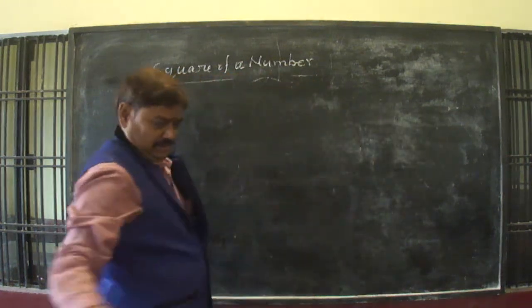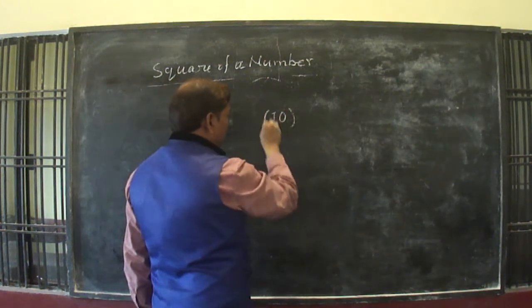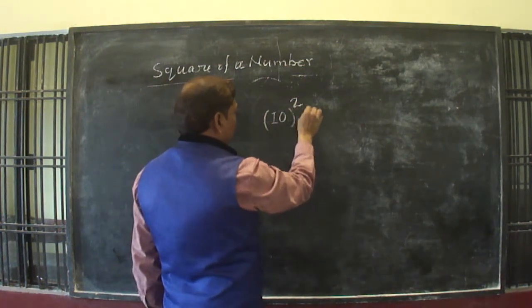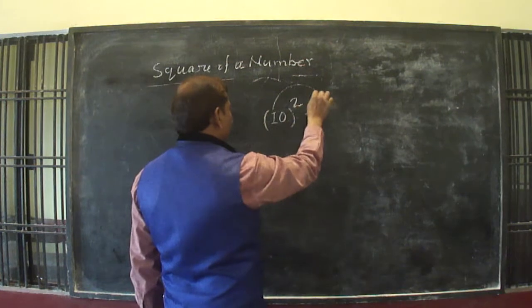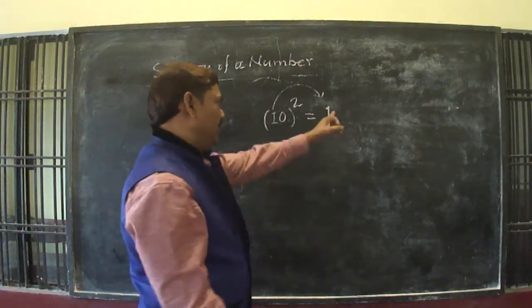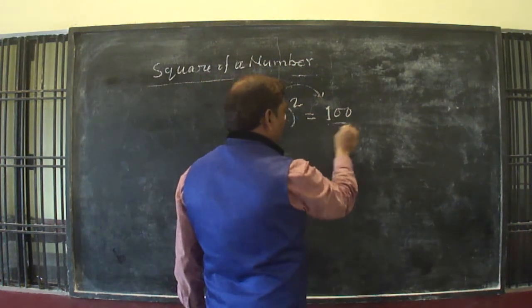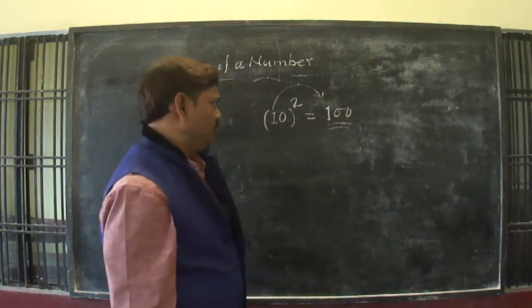Now we also learn the square of a number whose unit place is 0. So the method is, first put the square of this number, that is 1, and put here 2 times 0. In squaring, we put 2 times 0.